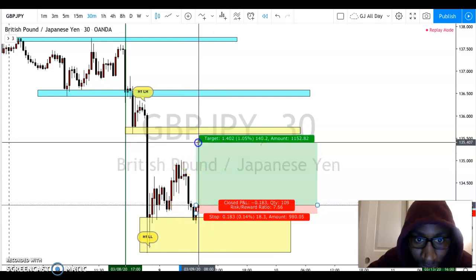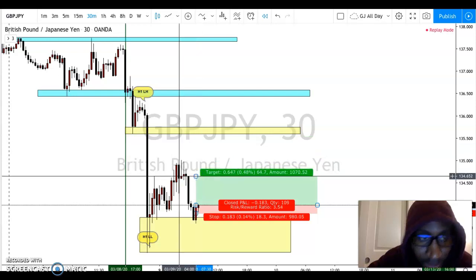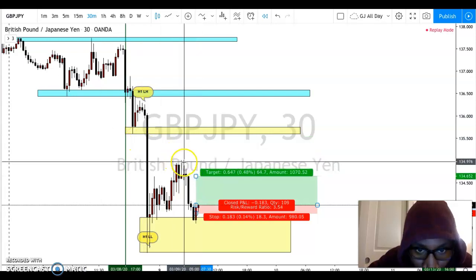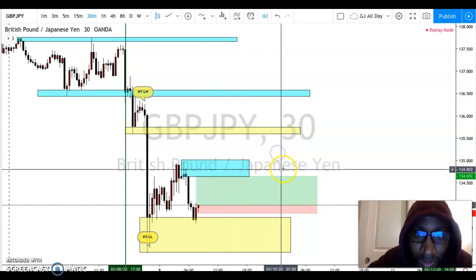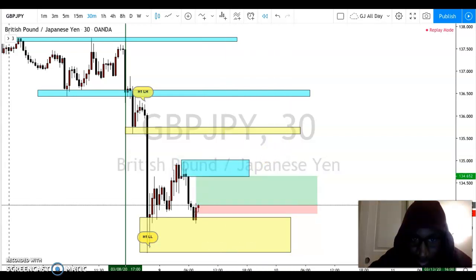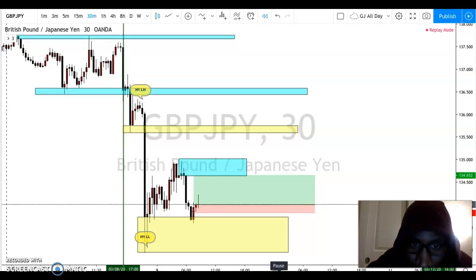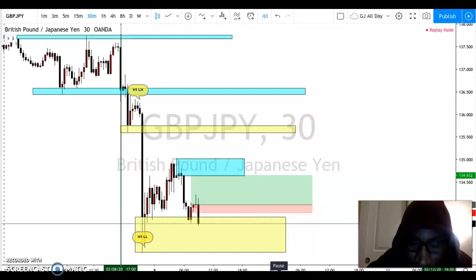And I'd probably take that up to this area of supply. Let's see what happens. Okay, price went up a little bit. So we got stopped out.